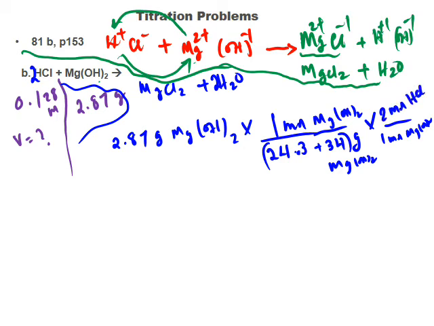Let's see what I can cancel out at this time. Gram Mg(OH)2, gram Mg(OH)2 cancel out. Mole Mg(OH)2, mole Mg(OH)2 cancel out. That gives me mole of HCl. And the value is, let's write down the value.